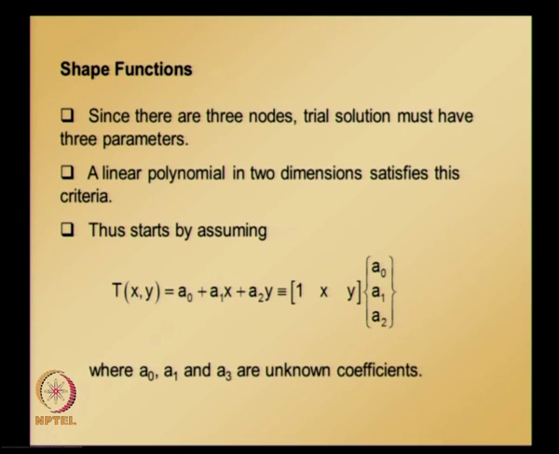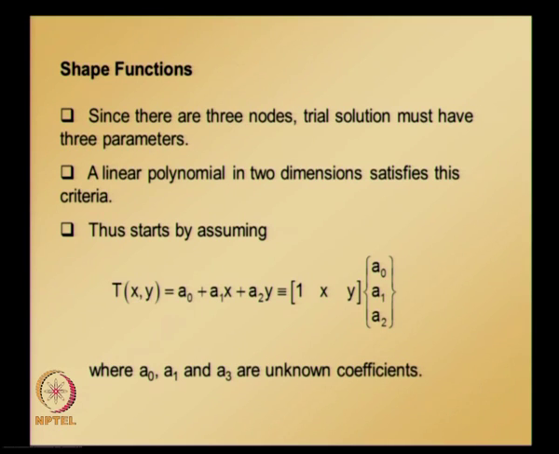So, trial solution T is assumed to be a0 plus a1 x plus a2 y, which can be written in matrix and vector form as 1 x y put in a row vector, a0 a1 a2 put in a column vector, where a0, a1, a2 are unknown coefficients.